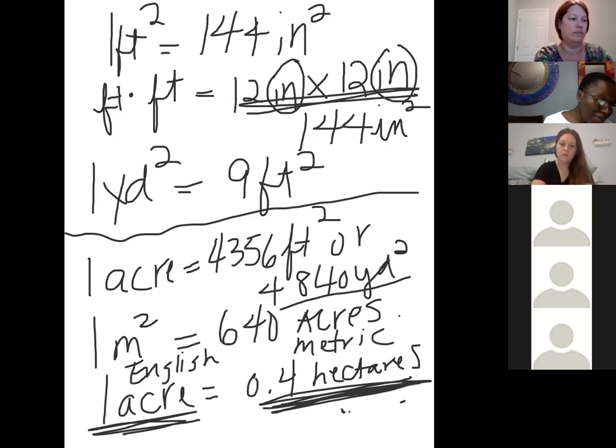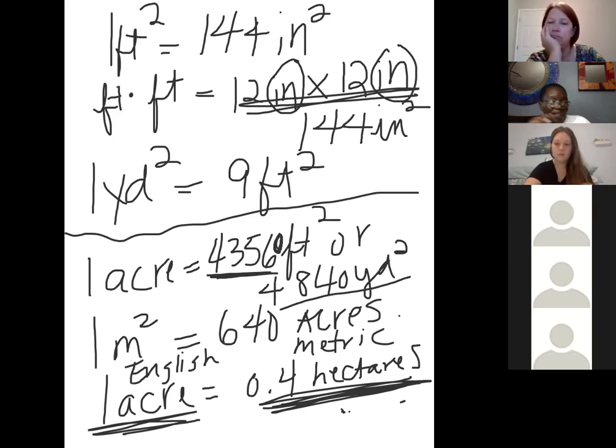Oh, I wrote too many numbers. Hold on a second. I wrote the wrong number here. Let me double check on this one right here. You're right. Oh, the problem is right here. It's 43,560 square feet. I left out the 0. But you're absolutely right. That would not make any sense whatsoever. Thank you.